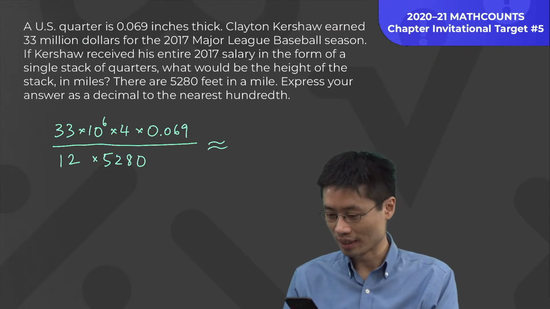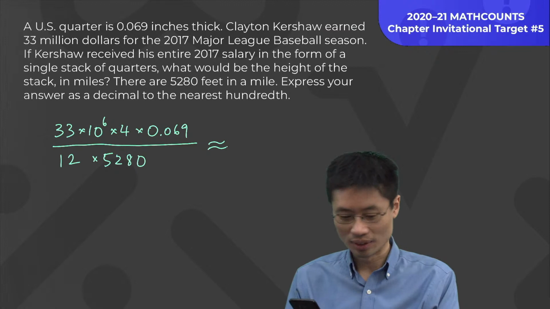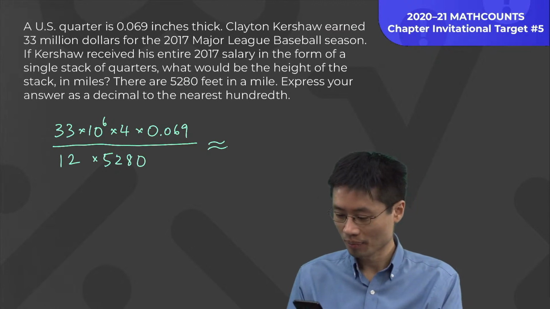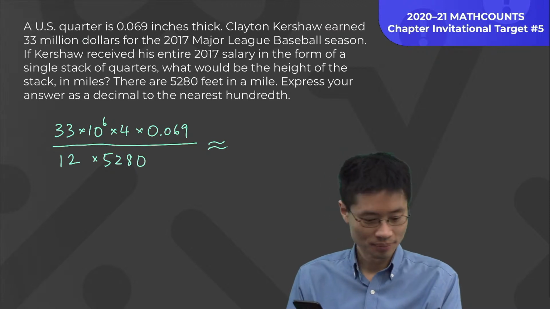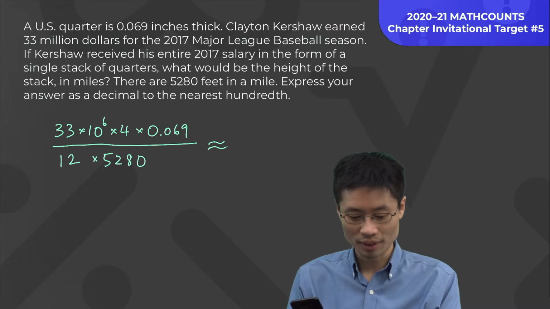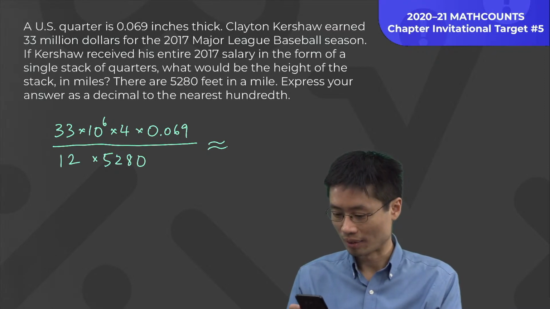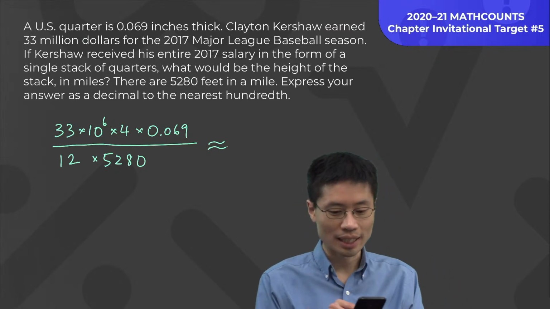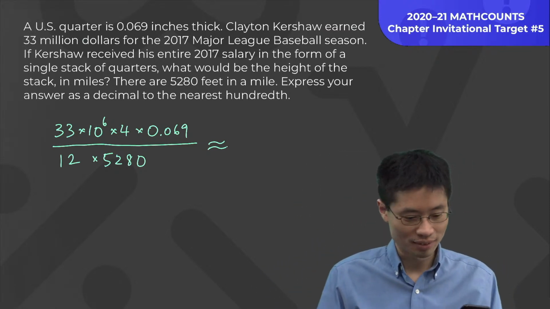All right, 33 times 10 to the power 6. 10 to the power 6 is 6 zeros, okay, and then times 4, and then times 0.069 inches thick, all right, divided by, now this is the tricky part, you want to divide by both 12 and 5280. Divide by 12 and 5280, and when I'm done with that, I got 143.75. Wow.